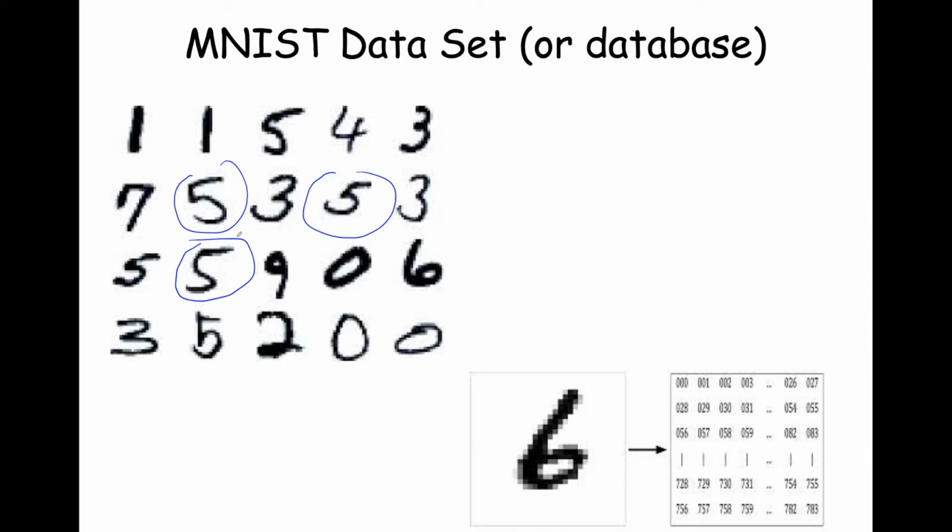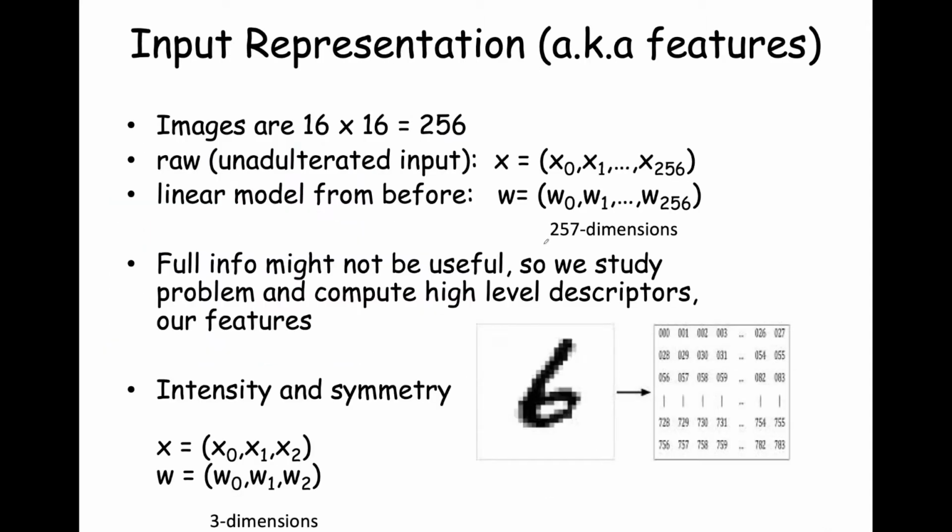These images are grayscale, 16 pixels wide and 16 pixels tall, for a total of 256 pixels. Each pixel takes on a value that represents the gray level from white, all zeros, to black, 255.